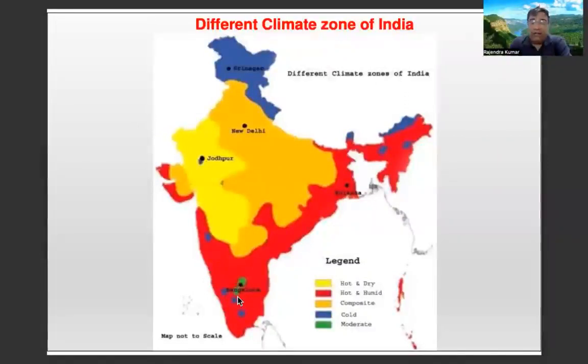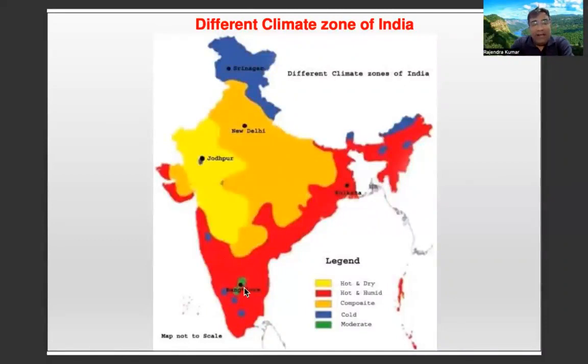But importantly, within this whole hot and humid region, you can see some small blue dots. Surprisingly, these blue dots are cold. You can see this blue dot within the hot and humid region; these are cold regions. So these are natural wonders. There is also a very small blue dot here, which is also cold.